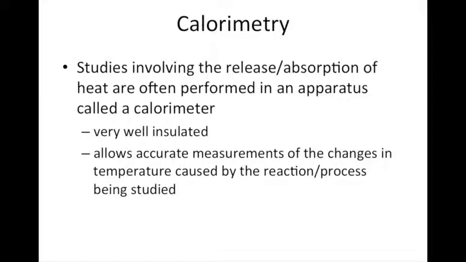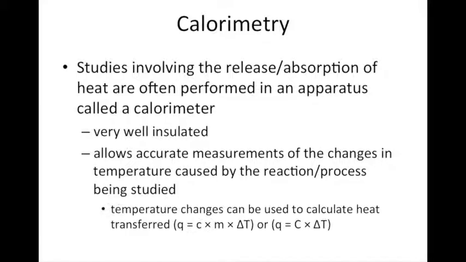If our system is gaining or losing heat, there should be a change in temperature. We want to be able to relate that change in temperature to the amount of heat gained or lost. So the calorimeter measures how much change in temperature there is in a chemical or physical process.